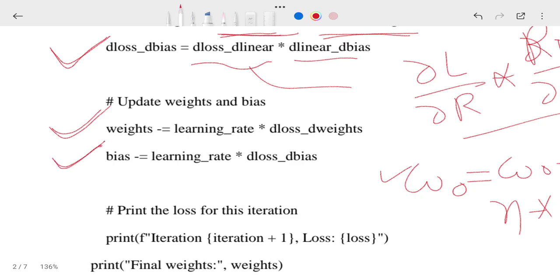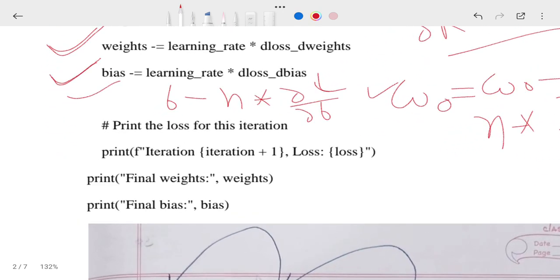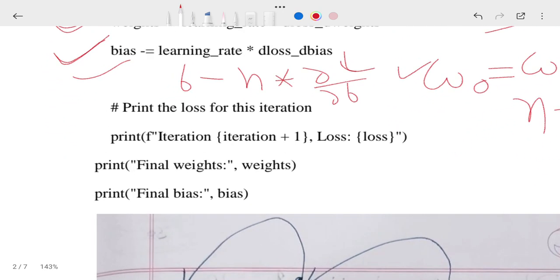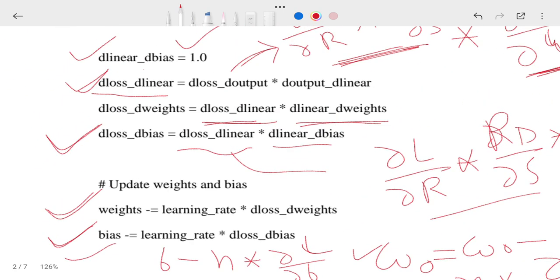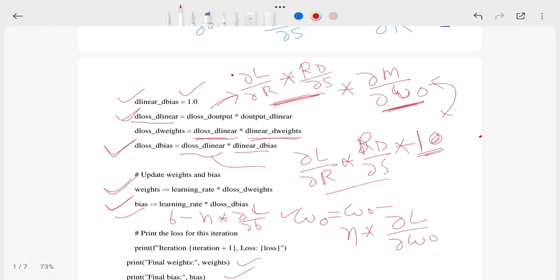Same thing also updates the bias. Bias is equal to bias minus learning rate N into dL upon dB. So this is the updated bias. Once I updated the bias, after then I am using the iterations, and I got my final bias and weight. This is the final outcome, so step by step with coding we explain.